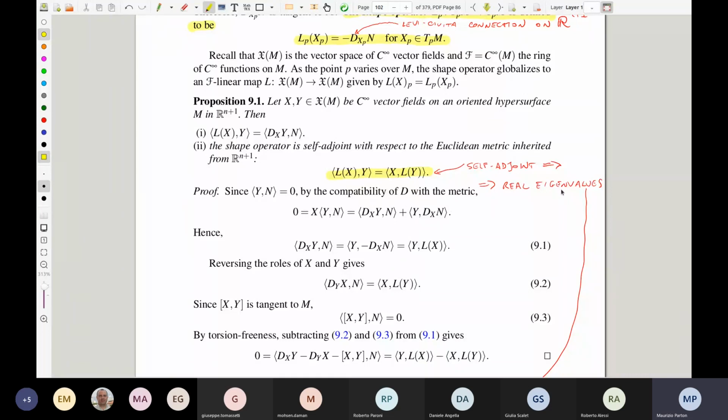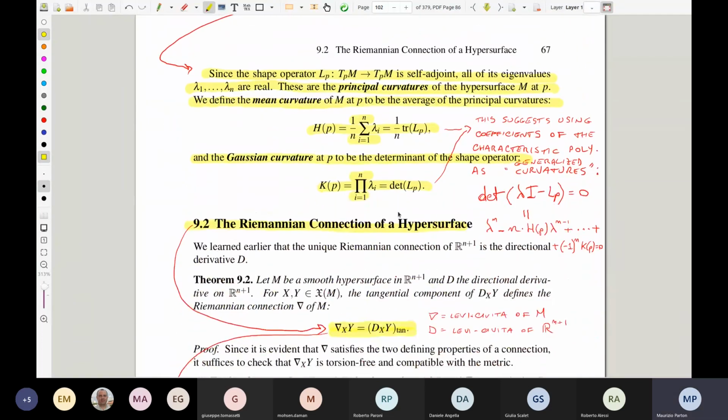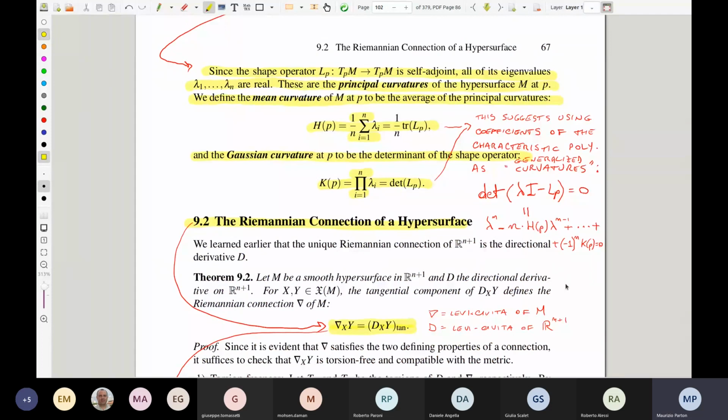And self-adjoint means real eigenvalues. And real eigenvalues means that you have principal directions and you have these numbers that you can call principal curvatures.